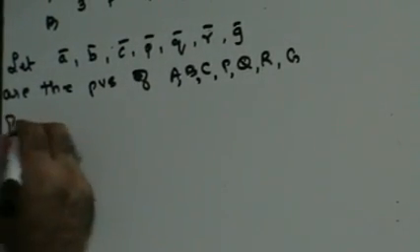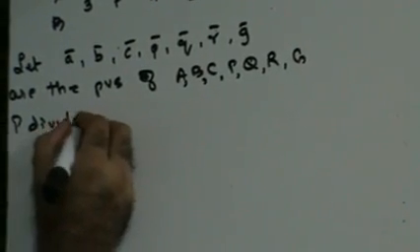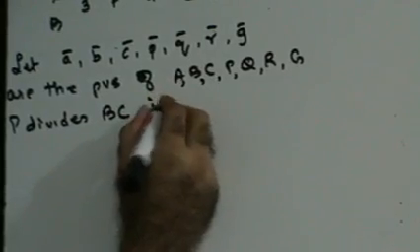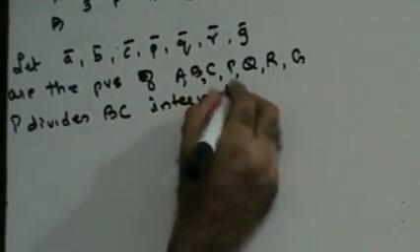Now, they've given you that P divides BC internally in 3:4.